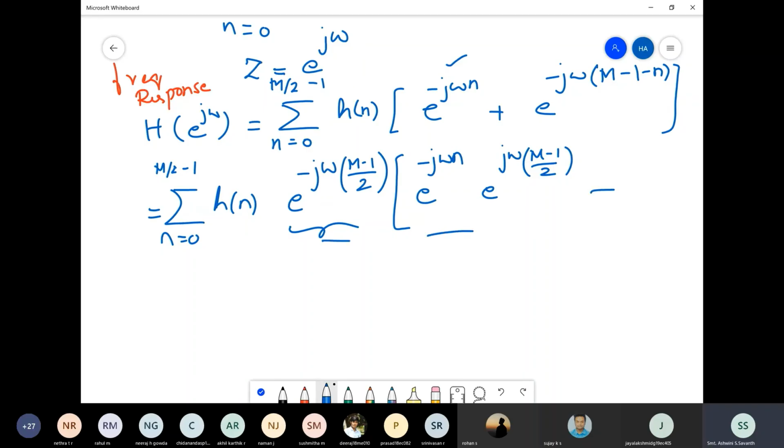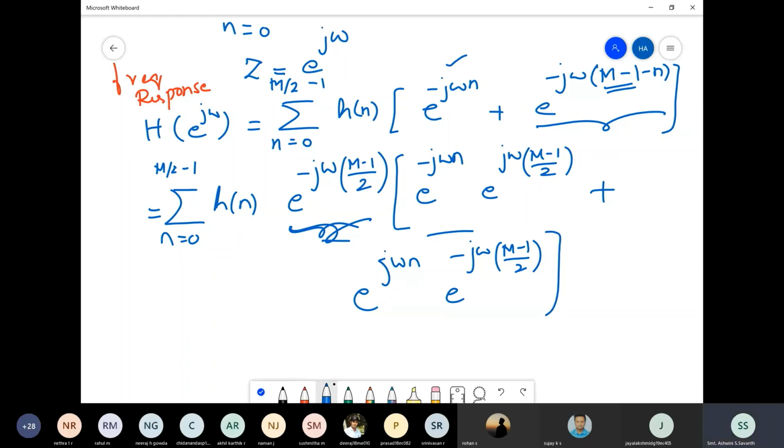Plus, for the second term, we already have an M minus 1 term here. In that, half of it you are removing outside, right? Half of it is taken out. So what remains here is e to the power, let me write this as, j omega n. I'm separating out the terms here. So e power plus j omega n you have, and e power minus j omega into (M minus 1) by 2.